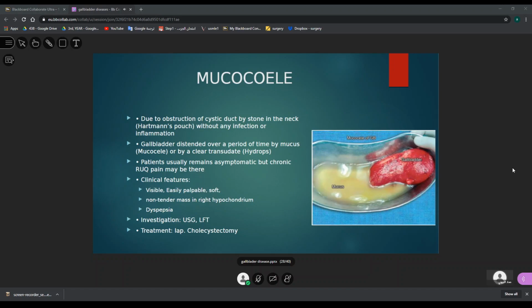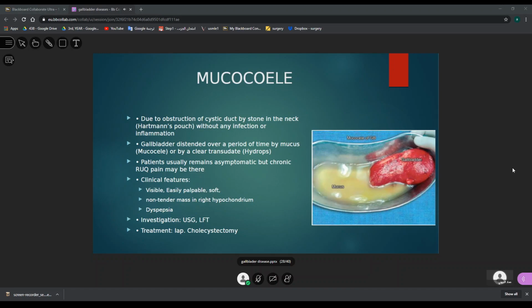When it is only mucus, a clear transudate, it will lead to mucocele of the gallbladder. The patient usually remains asymptomatic, but chronic right upper quadrant pain may be there. Clinical feature: a visible, easily palpable, soft, non-tender mass in the right hypochondrium, and dyspepsia. Investigation: we do ultrasound and liver function test, and the treatment is laparoscopic cholecystectomy.